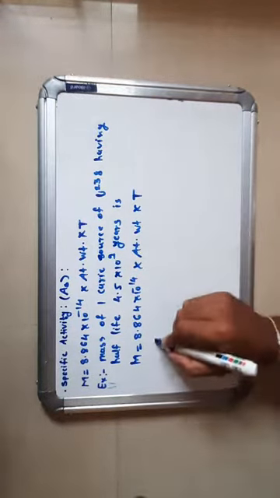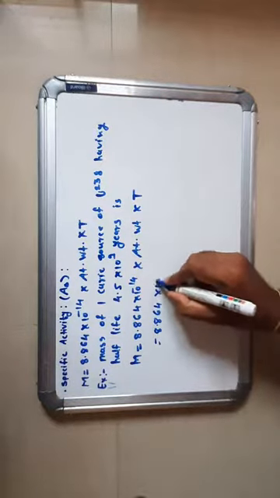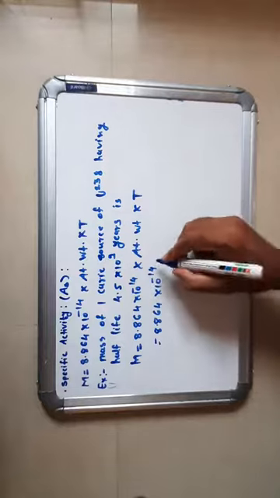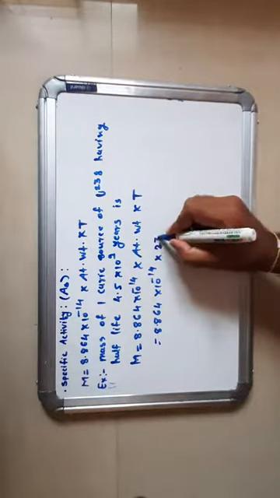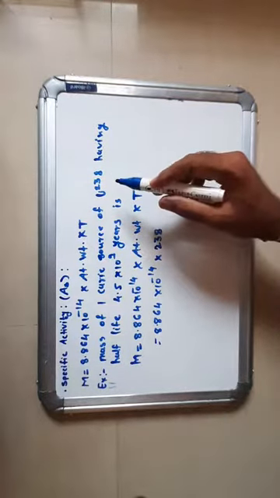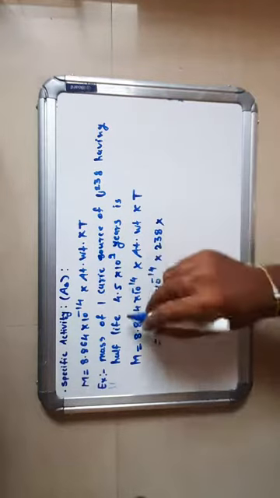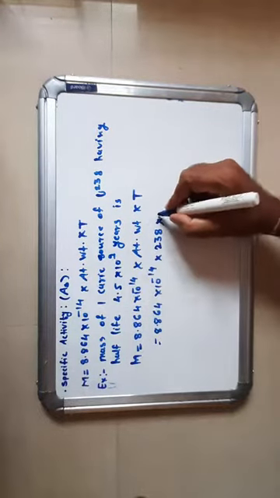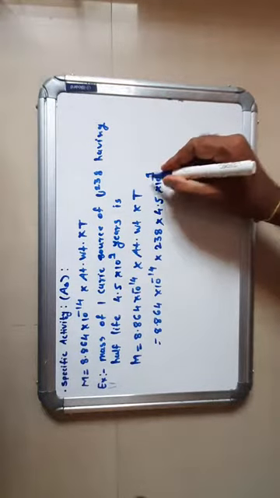Then 8.864 into 10 raised to minus 14 into, what is the atomic weight of uranium? 238 is the atomic weight of the uranium into capital T. What is the lifetime? Half-life is 4.5 into 10 raised to 9 in year.